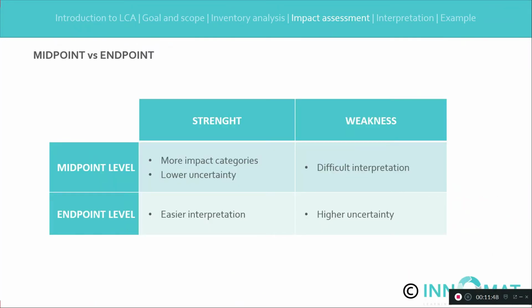There is an ongoing debate on the issue of using midpoint indicators versus endpoints. The advantage of midpoints is that they have a more direct relationship with effects, and therefore seem to be more accurate. However, it is a misunderstanding that midpoints are accurate in the sense that no subjective assumptions are taken. An example is the characterization factors of greenhouse gases.